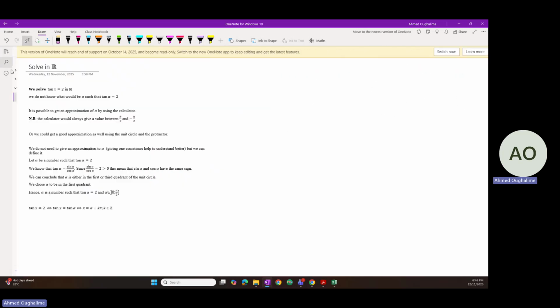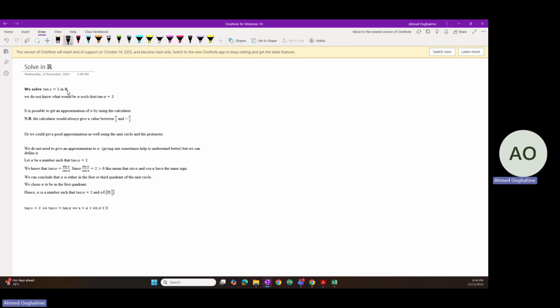For example, if I want to solve the equation tan x equal to 2 in R, we don't know a special value alpha such that tan alpha equal to 2. It's not like the number 1 or 0 or square root of 3 or square root of 3 over 3. These are special values. The number 2 is not a special value for the function tan.